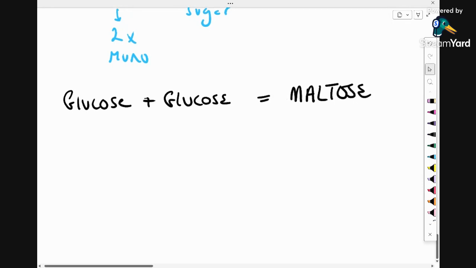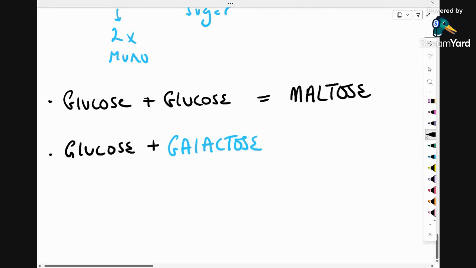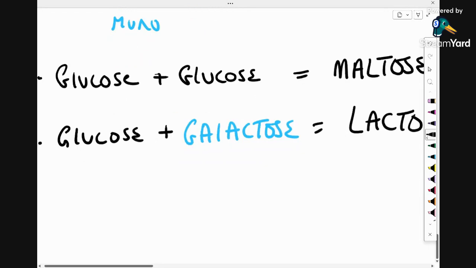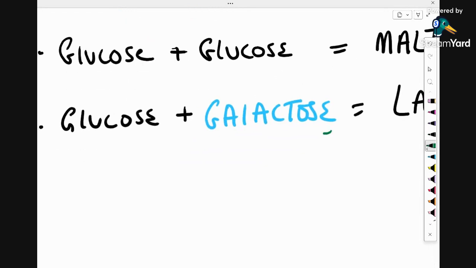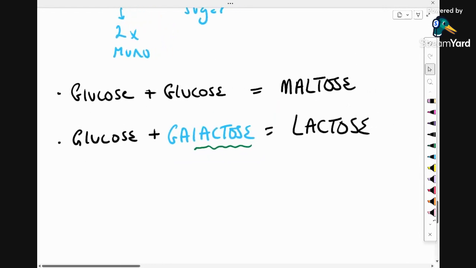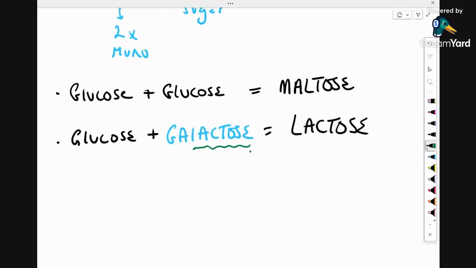Okay, this is GCSE biological molecules. Glucose remains the same, but this time if we add galactose, we make lactose. And how I remember this is that the word lactose is literally in the word galactose. Therefore, we make lactose.